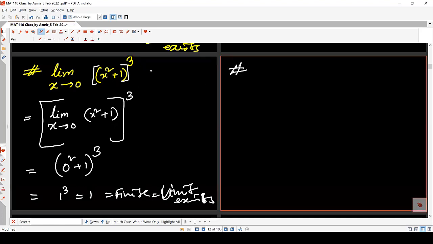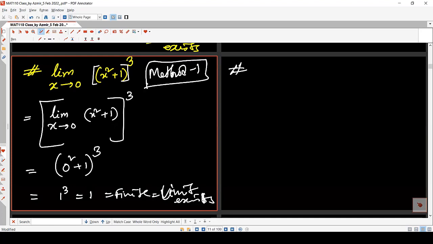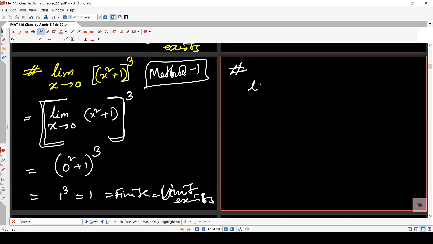So if we want, we can also solve this problem in another way. Suppose this is method 1, where we have applied the power law. That means the power law says that if we have f of x power n and there is a limit, then it is the limit of f of x, total power n. But we can also solve this in another way. Let's say this is method 2.